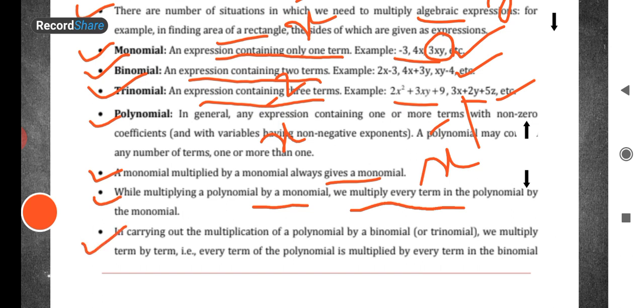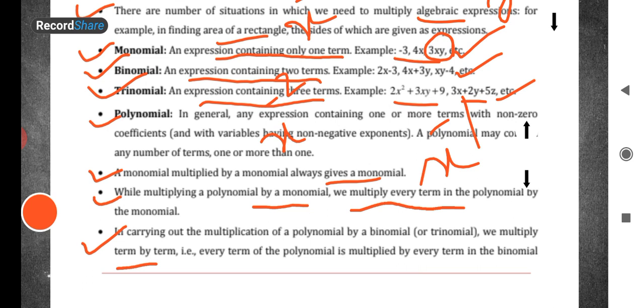Now in carrying out the multiplication of a polynomial by a binomial, or a trinomial, binomial means there will be two terms, trinomial means there will be three terms. So a polynomial can have one or two or more terms. So we multiply term by term.